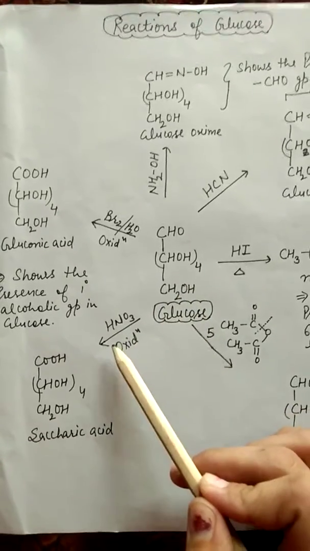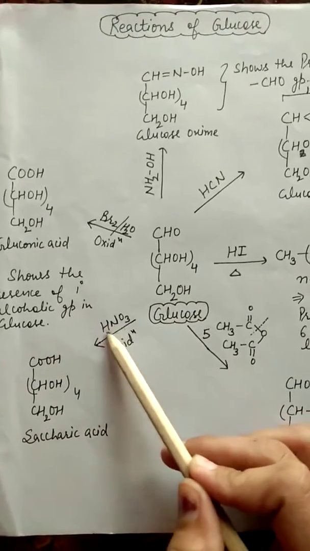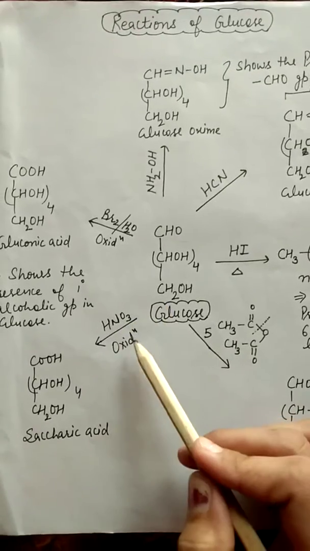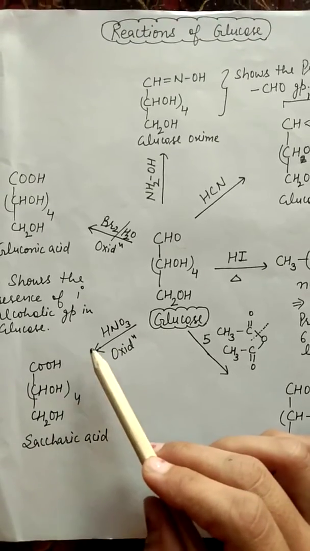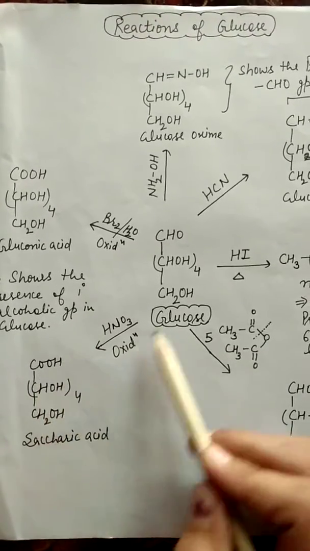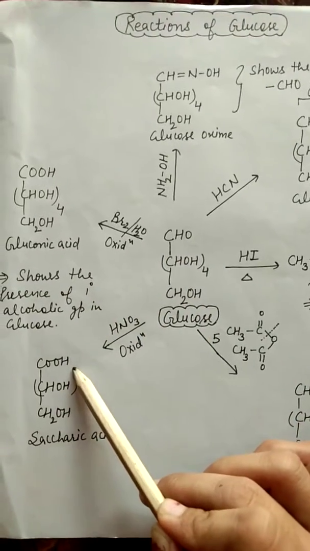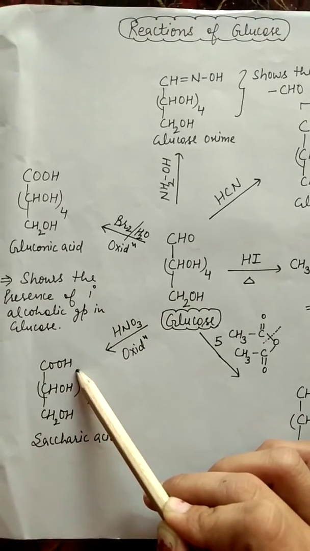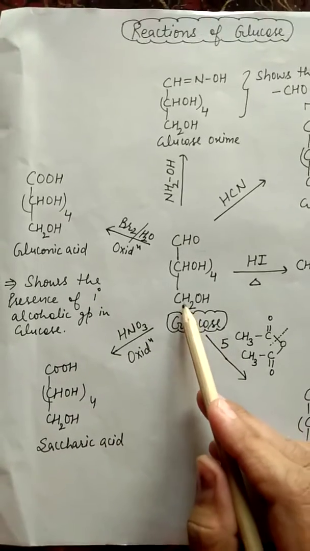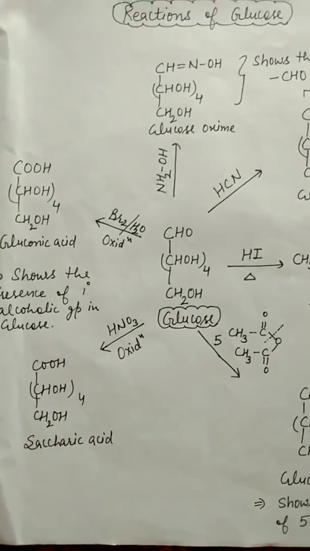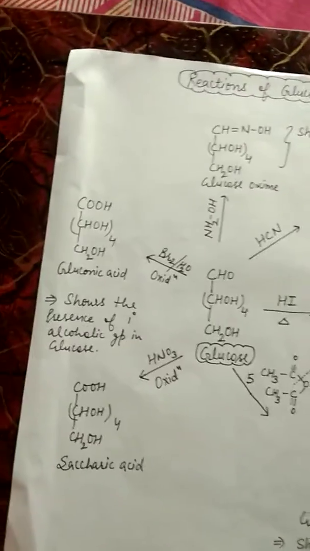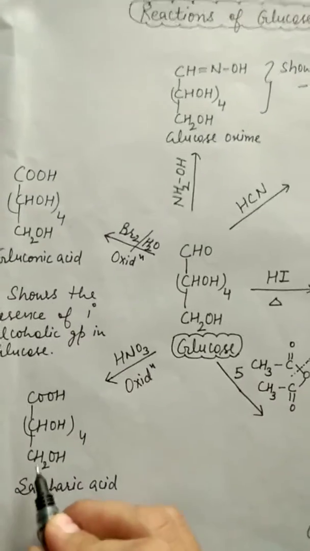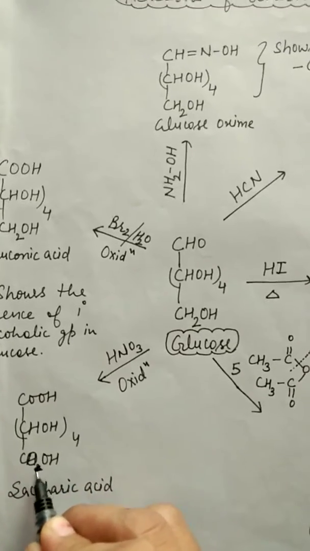Next, glucose reacts with nitric acid. On oxidation, the aldehyde changes into a carboxylic acid, and this alcohol also changes into a carboxylic acid, and here it will form saccharic acid.